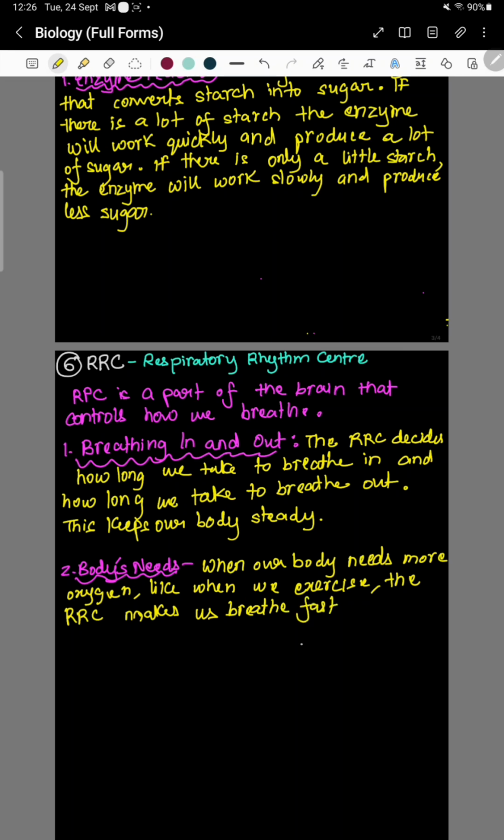So basically, RRC is the part of our brain that controls how we breathe.